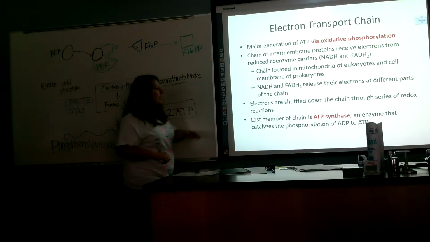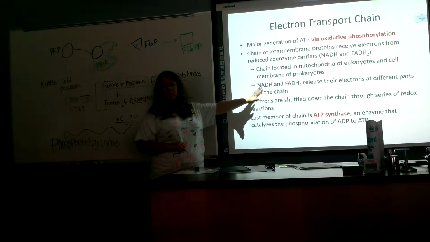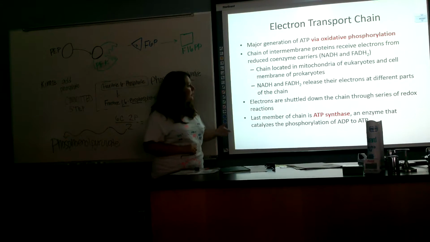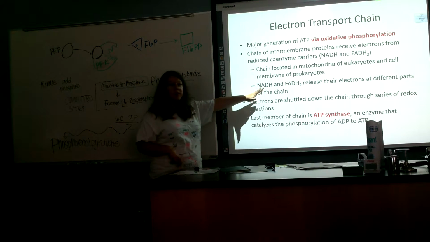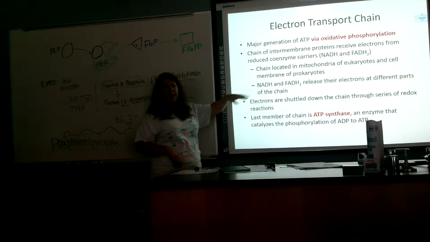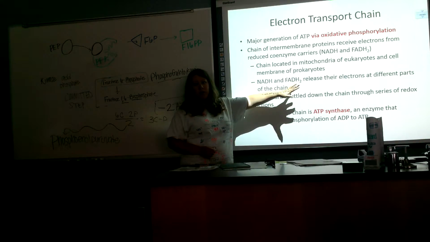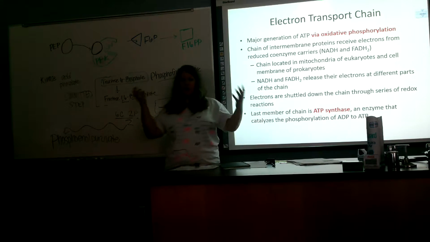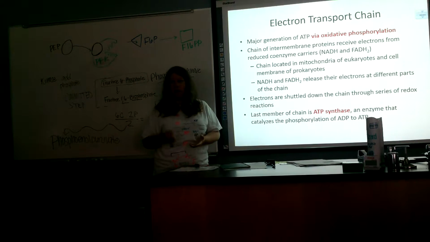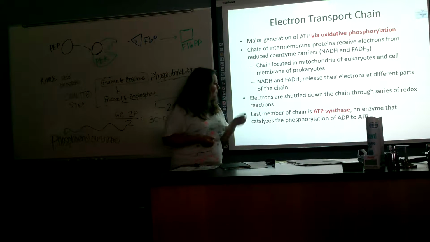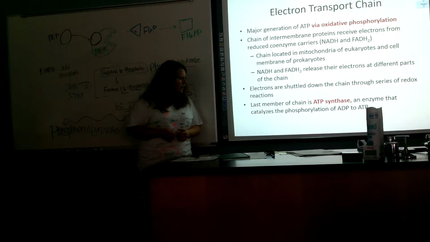So the NADH that is coming from glycolysis and from the TCA cycle, those guys are going to release their electrons at complex 1, and we'll look at a picture of that. That's where they're going to drop their electrons off. The other station where electrons can be dropped off is complex 2. FADH2 is complex 2, so it is not having to travel very far. It's just handing them off from there. Okay, and then the electrons are just handed off from there on down from one carrier to the other.